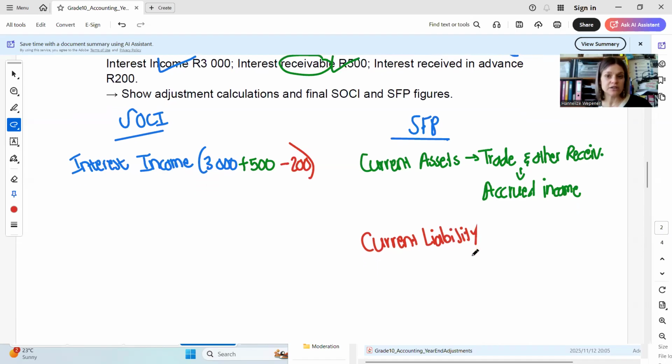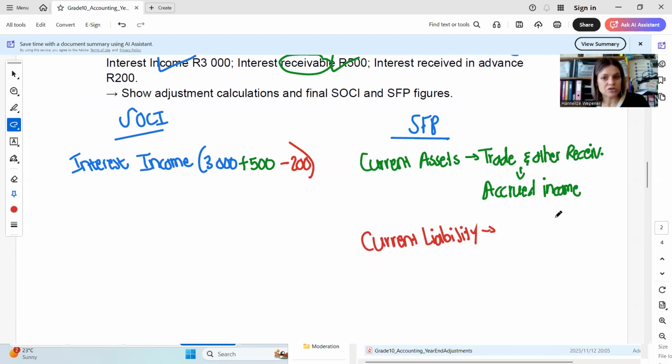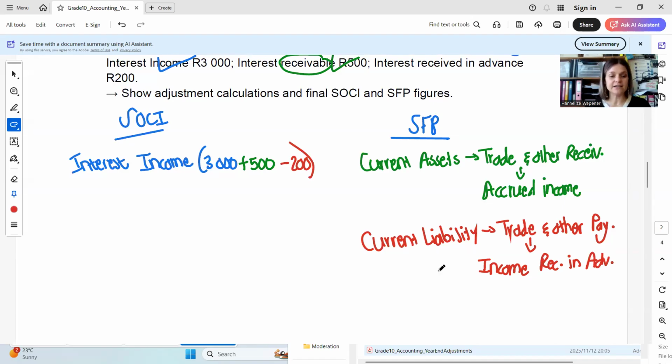So you either need to keep that money within the account or you need to give the interest back. So trade and other payables. Once again, you are not going to abbreviate. Within your trade and other payables note, you will have income received in advance. You are writing that out, no?